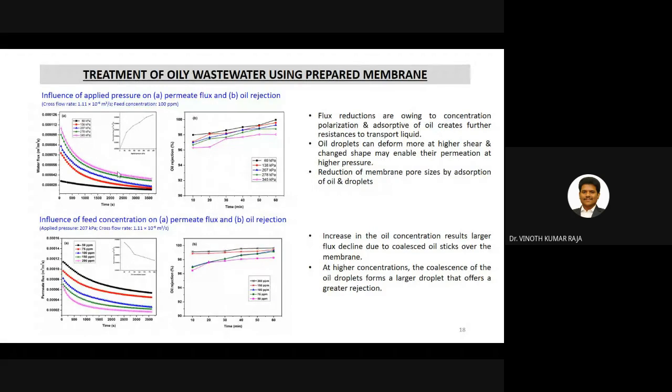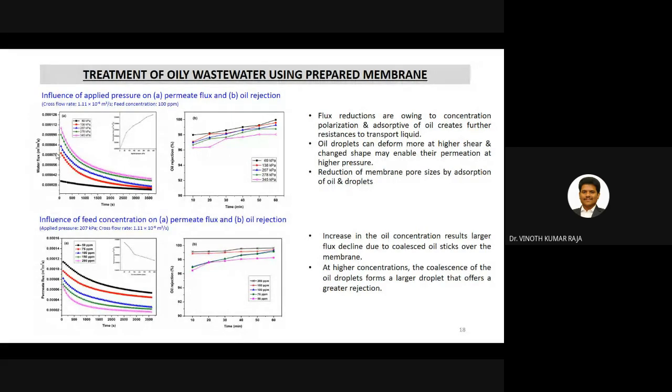In this figure we can observe that the permeate flux declines sharply at the initial period and becomes gradual thereafter in a microfiltration manner. The reason for this flux reduction is the concentration polarization that takes place on the membrane surface, and also blocking of pores in the porous ceramic structure.